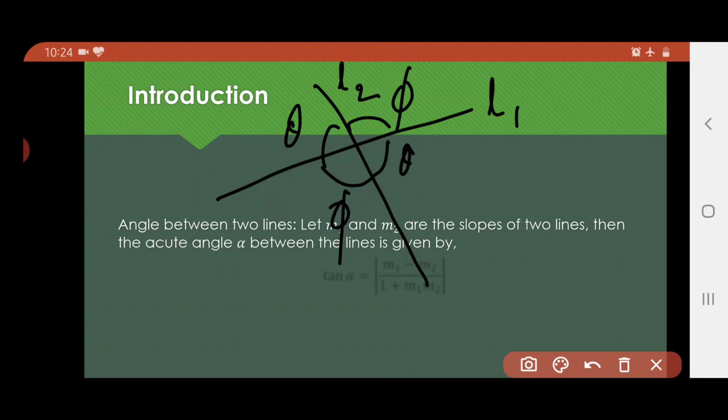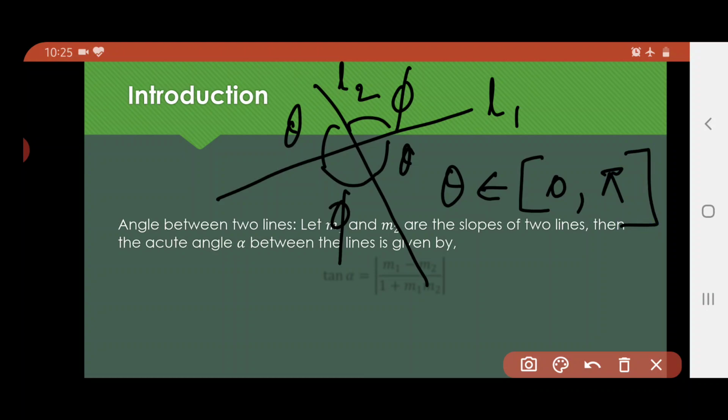Now whenever we are trying to find the angle between the two lines, we will be considering the angle lying between 0 and pi. Our angle should lie between 0 and pi. Why?